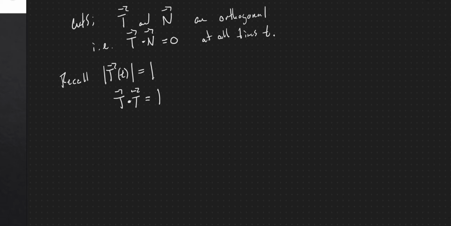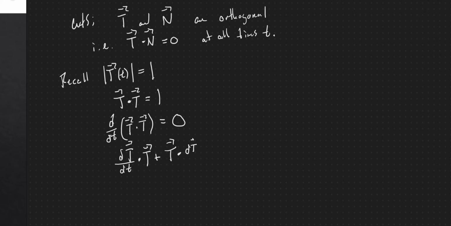And this is neat because if I take a derivative with respect to the parameter t, I should get 0 out. So d/dt of T dot T is equal to 0, right? Derivative of 1 with respect to time is 0. And then here we can use the dot product rule for derivatives. So this is the derivative of the first, dT/dt, dot the second, T, plus the first dot the derivative of the second.